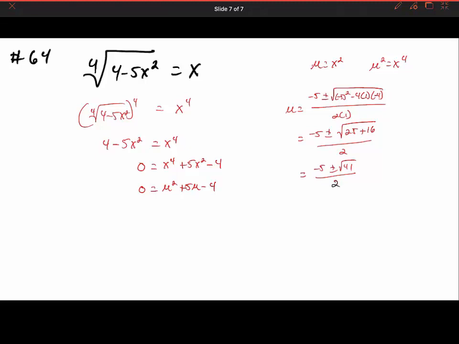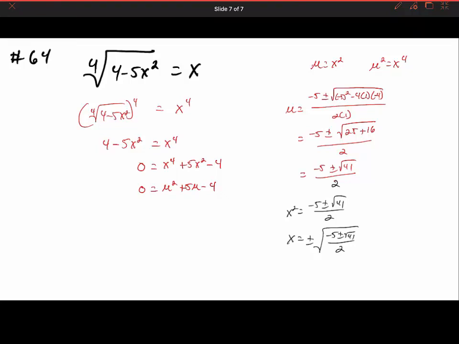So x squared is equal to -5 plus or minus the square root of 41 over 2. But x is equal to plus or minus the square root of -5 plus or minus the square root of 41 over 2. And so what happens here is that I have to test both of them out.